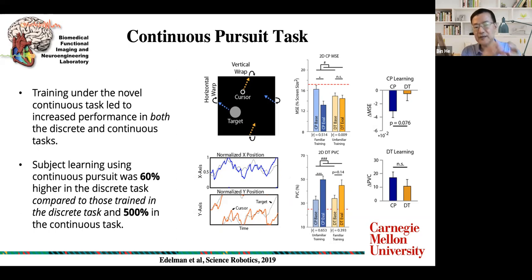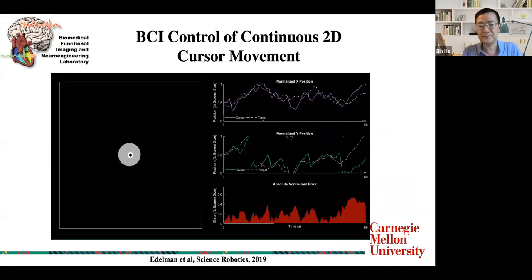If you train a subject with a continuous pursuit, which is much more sophisticated, and then evaluate the subject in a simplified, discrete task, there's a 60% improvement of performance. If you test in continuous pursuit evaluation, then there's a 500% improvement in performance, indicating that complicated task training plays a very significant role.